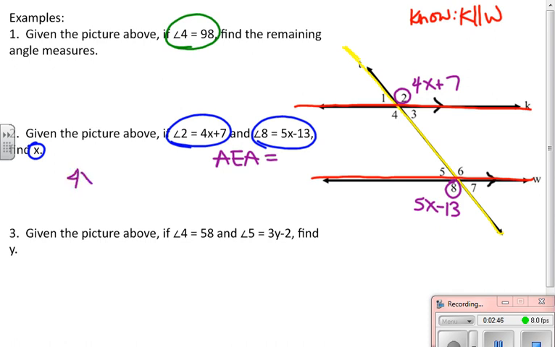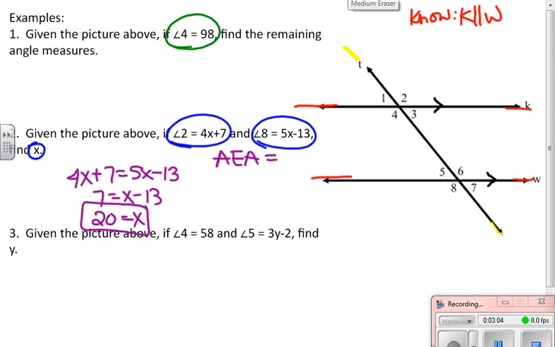So I can write the equation 4x plus 7 is equal to 5x minus 13. Subtract 4x from both sides. Add 13 to both sides. And x is 20. So it's all about what do I know and what do I get? What is the relationship in my picture so that I can write an equation to help me solve for what I don't know?